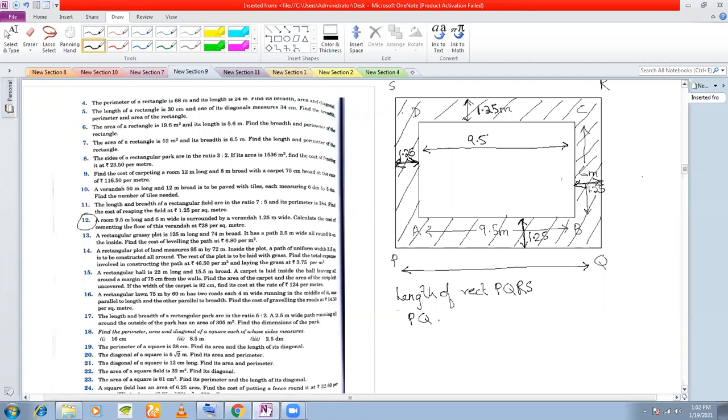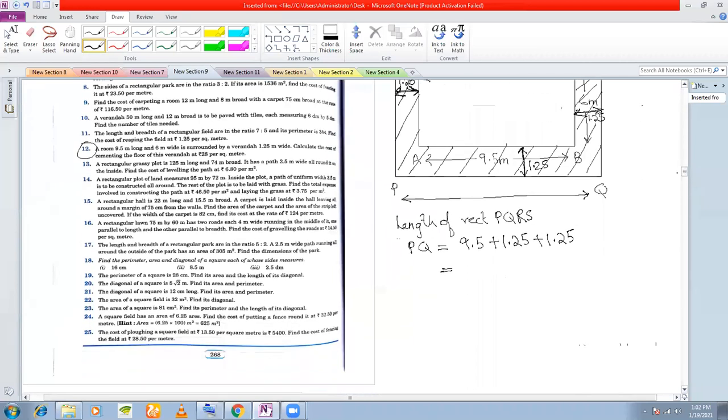That means length of the bigger rectangle PQ will be 9.5 plus 1.25 on the left plus 1.25 on the right. So this should come to 9.5 plus 2.5, which gives you 12 meters. This is the length of the bigger rectangle.